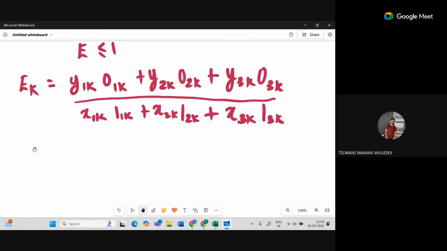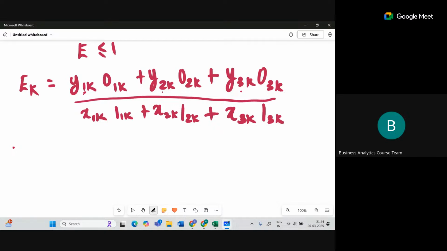It is the first weight associated with DMU K. K is your DMU; O1 is your first output, O2 the second, O3 the third. If K is equal to 1, it represents the first DMU.